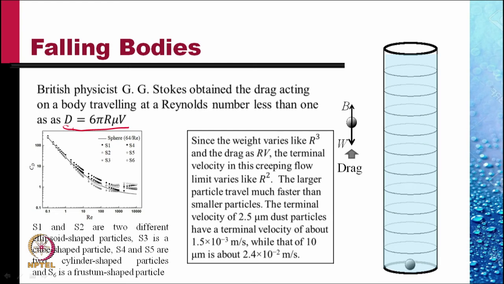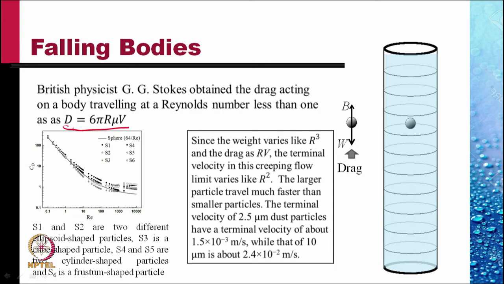This is seen in the fact that a terminal velocity of 2.5 micrometer dust particles, which cause a lot of air pollution, is about 1.5 into 10 to the minus 3 meters per second, 1.5 millimeter per second.